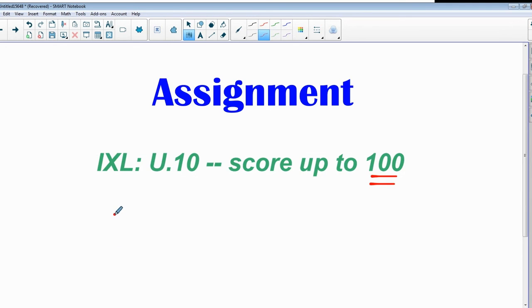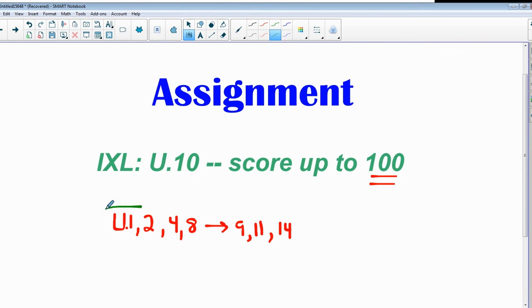Remember, the other ones are U.1, U.2, 4, 8, and then the bonus stuff would be 9, 11, and then I believe it's 14 where you can use any method to solve the system.